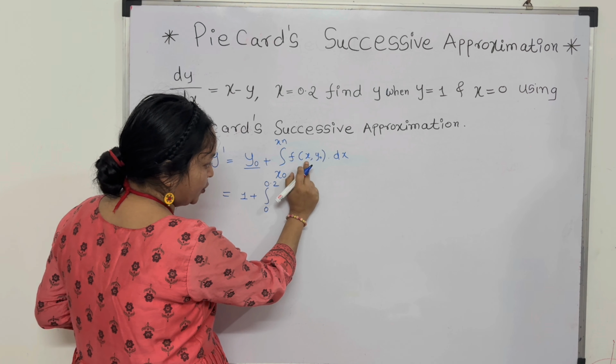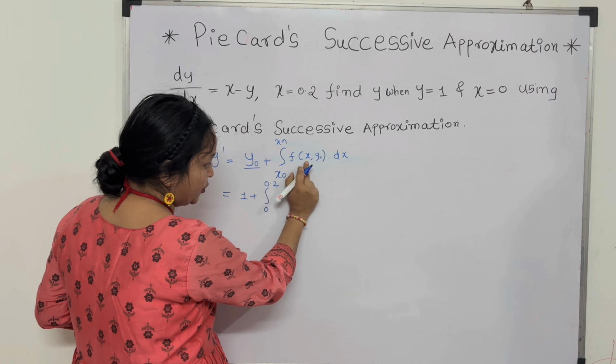So 1 plus, again you have to put the value of y over here, that becomes 1, into dx. If you simply do the integration of this, it becomes x square by 2 minus x, again with the limit 0 to 0.2. Now we are supposed to put in this limit.